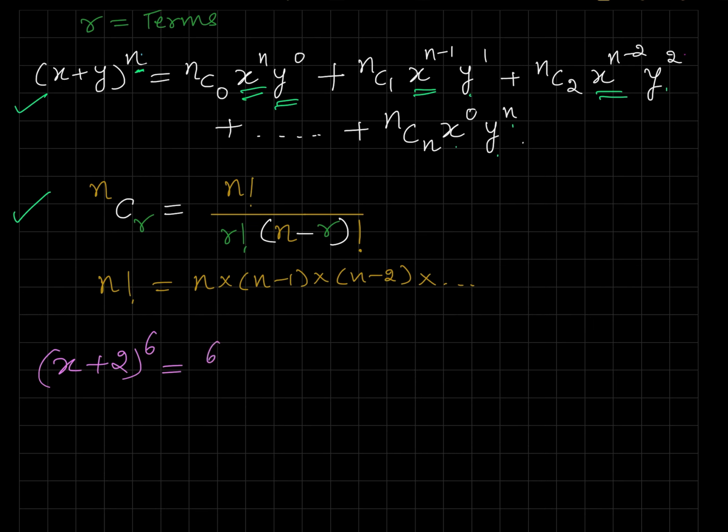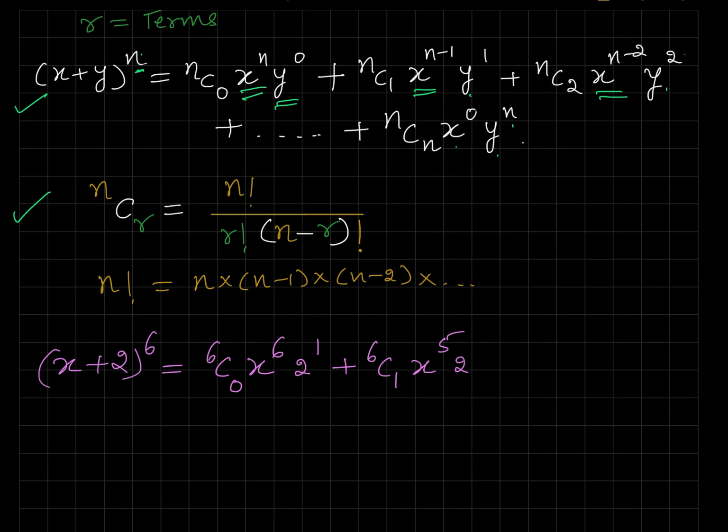So 6C0 x^6 2^0 plus 6C1 x^5. Remember, the power of the first term will keep on decreasing by 1 and the power of the second term will keep on increasing by 1. So it is 2^1 now.